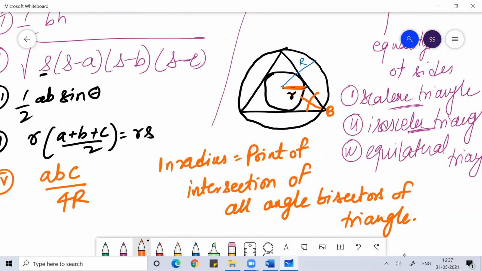So if you draw the angle bisectors from each angle, angle A, angle B, angle C, all three lines will meet at one point. If you put your compass at that point and put the other end of the pencil on a side of the triangle, and draw a circle, you realize that the sides become tangents to this smaller circle.